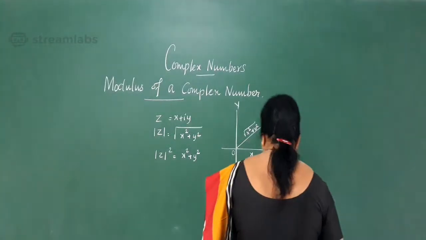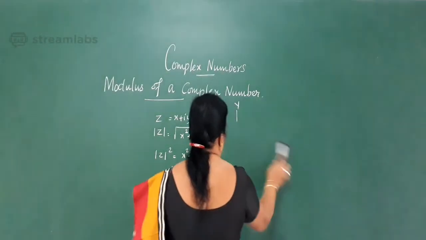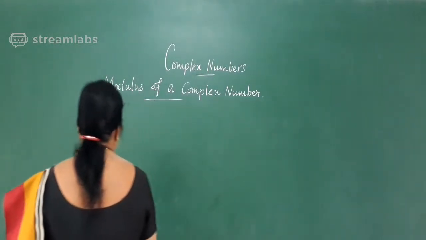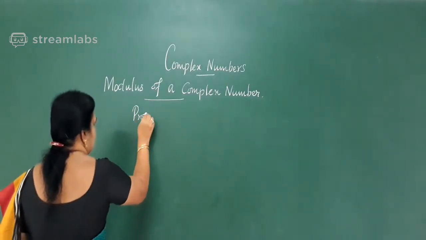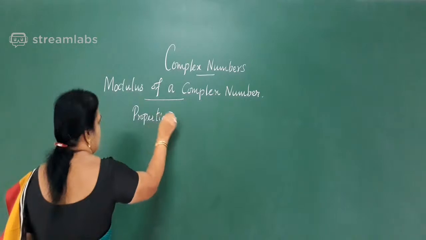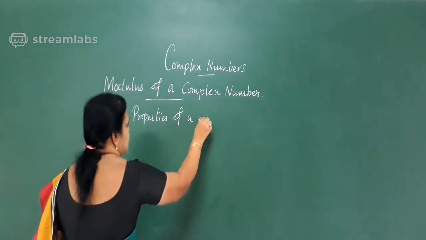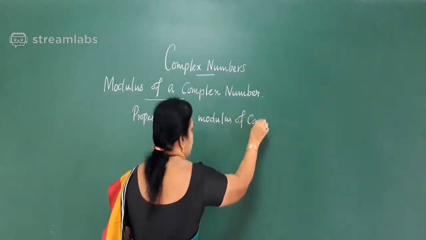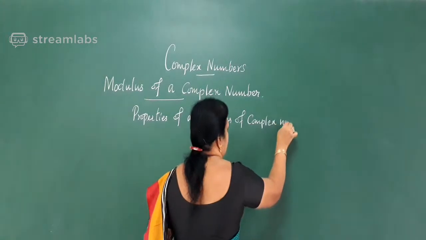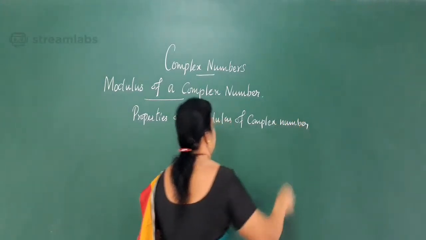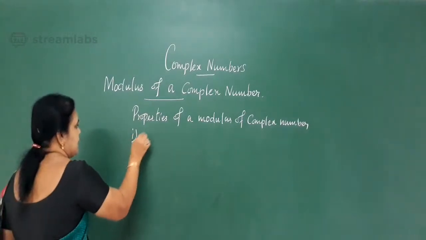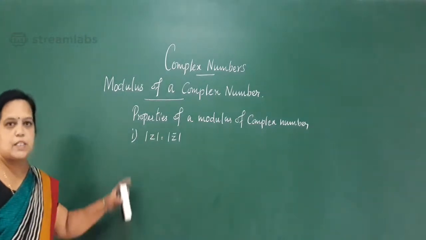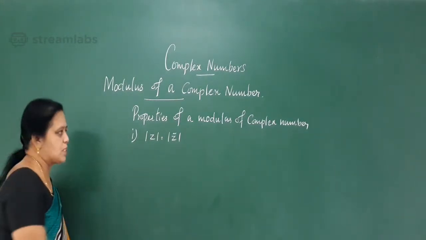Now, first we see the properties of the modulus of a complex number. What is the first property? Modulus z is equal to modulus z bar.